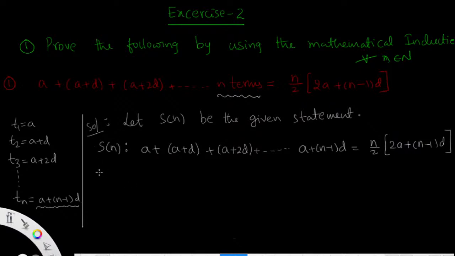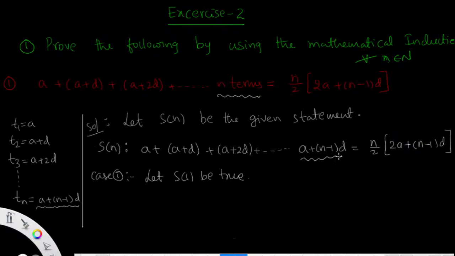Now we have to check it by proving the following. What is the principle of finite mathematical induction? First, assume that S of 1 is true. So in case 1, let us assume that S of 1 is true. Whether it is wrong or right, we have to check.